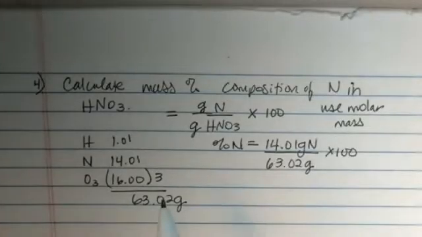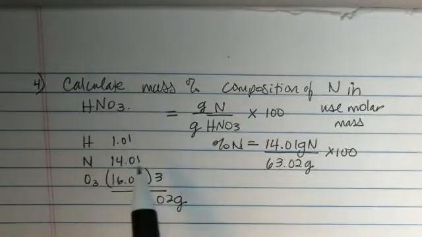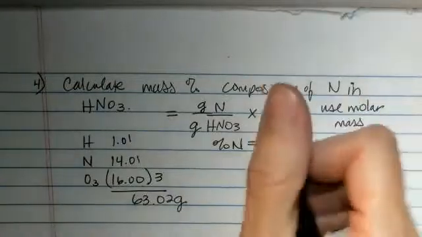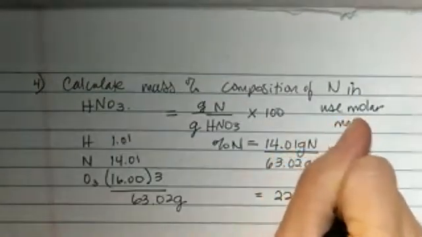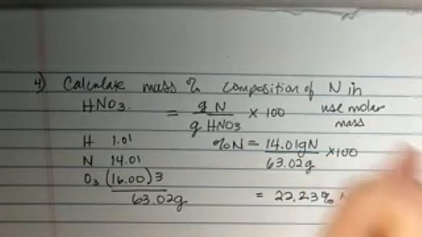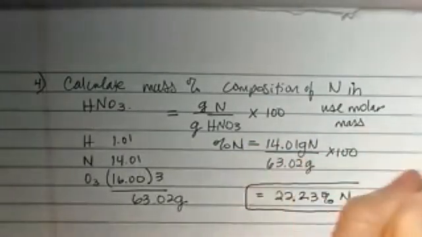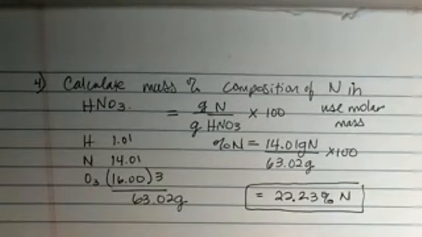What I've always done, probably because I saw this the most in my education, is go 2 decimal places for molar masses, so for my percentages I also go 2 decimal places. So 22.23%. That's telling me that nitric acid is 22.23% nitrogen by mass. The rest of it is the hydrogen and the oxygen, but 22.23% of it is nitrogen.